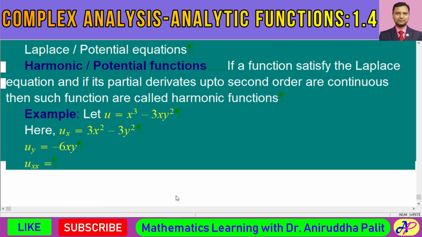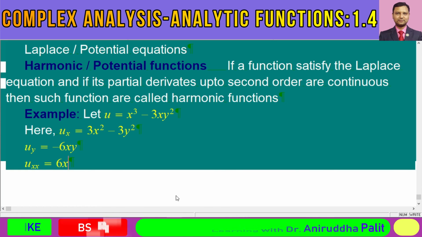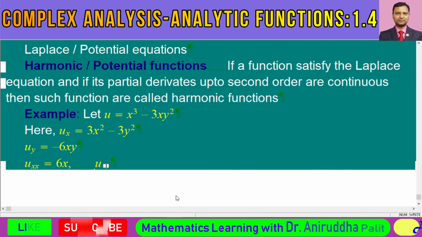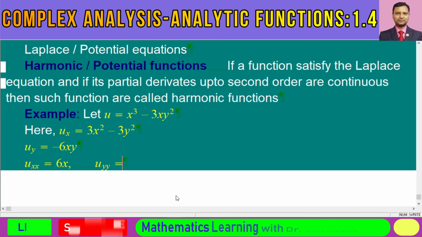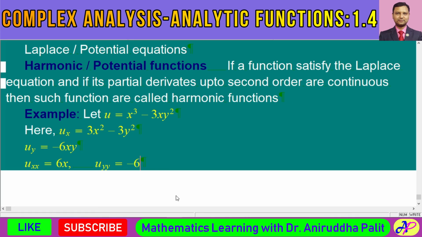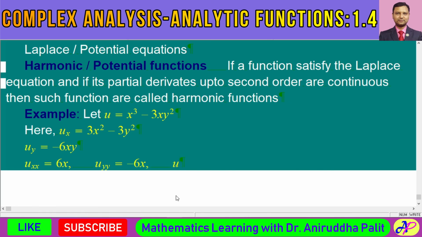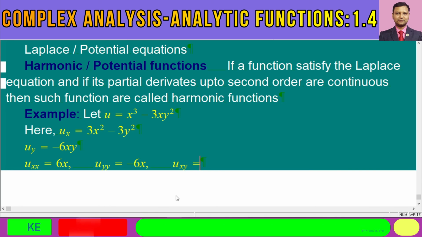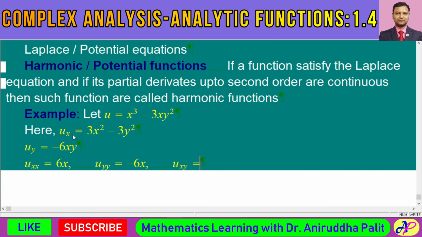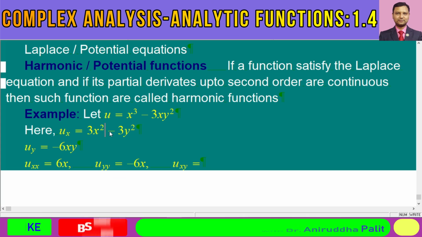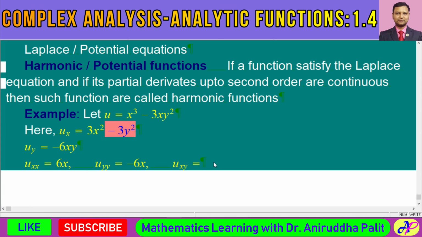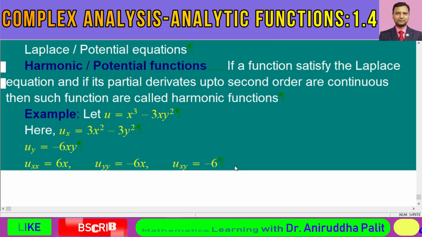Now u_xx, the second order partial derivative, would be equal to 6x. Then u_yy would be equal to minus 6x. Then u_xy: u_x has to be differentiated with respect to y, so it should be minus 6y.